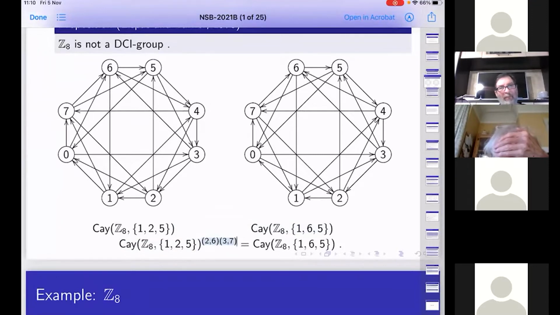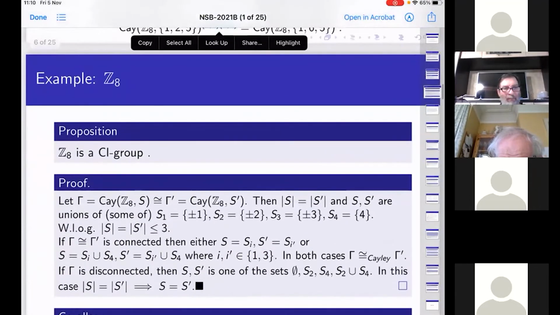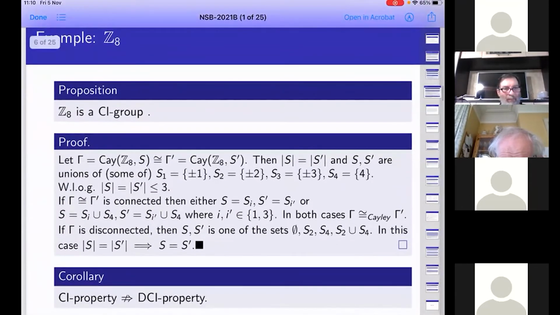So if you exchange the points 2 and 6 and don't move the others, it will be an isomorphism. So that means that Z8 is not a CI group with respect to directed Cayley graphs, but it is a CI group with respect to undirected Cayley graphs.